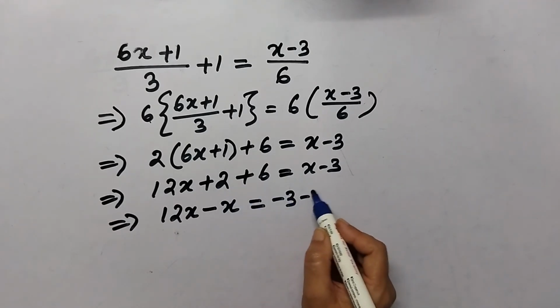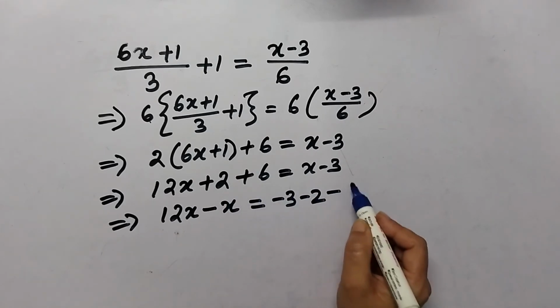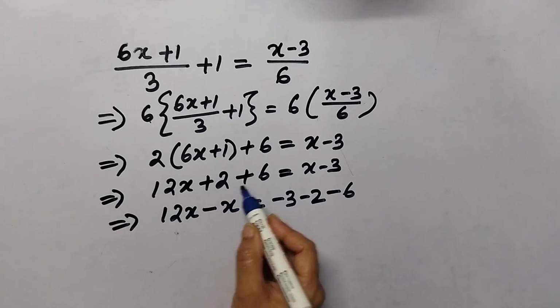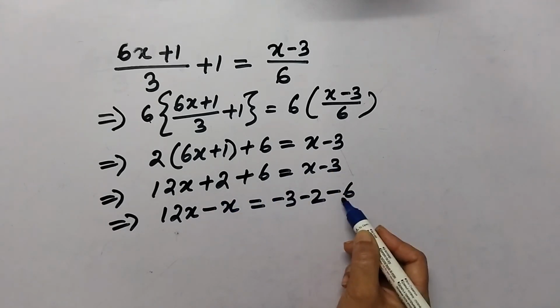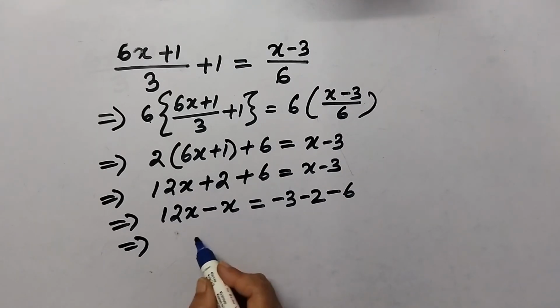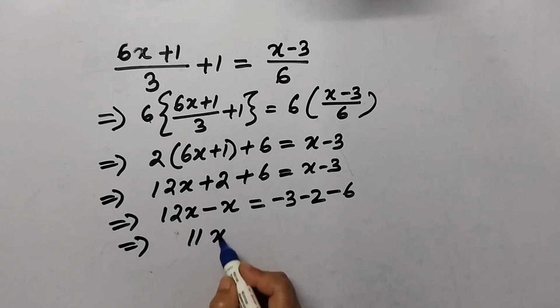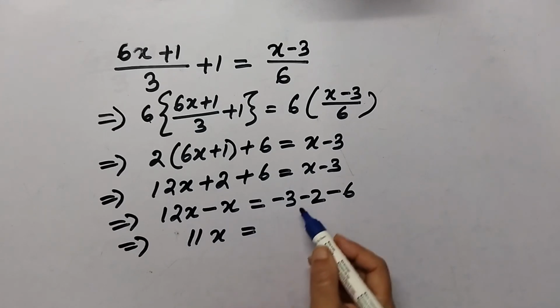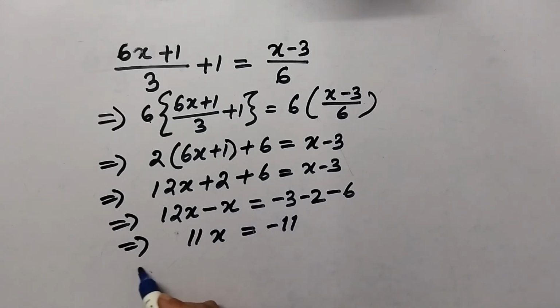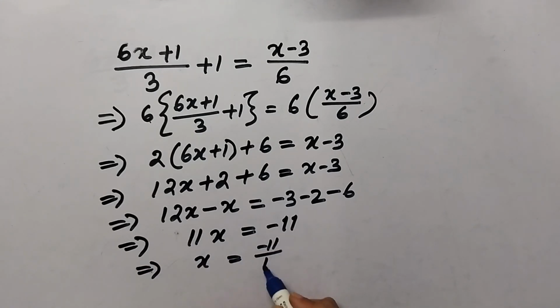Now 2 and 6 are both positive terms in the LHS, so when we bring them to the RHS, both become negative. So 12x minus x is 11x, equal to negative 11. Then x is equal to negative 11 divided by 11, and negative 1 is the solution of this equation.